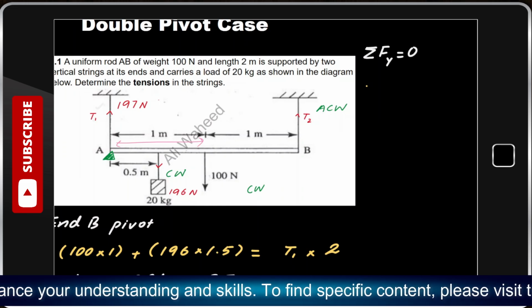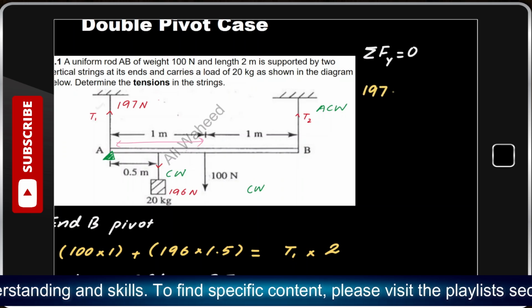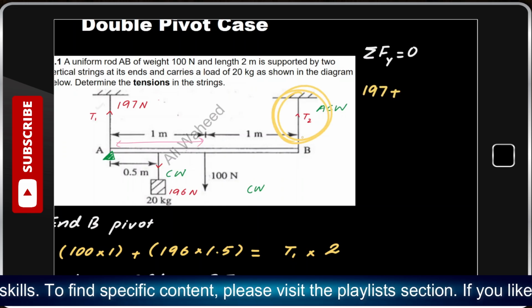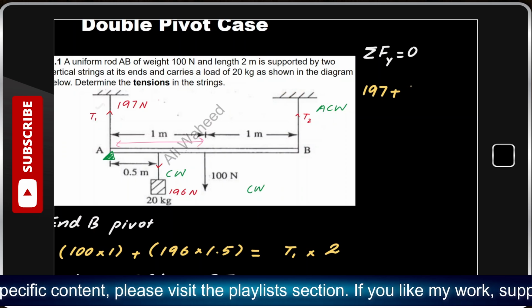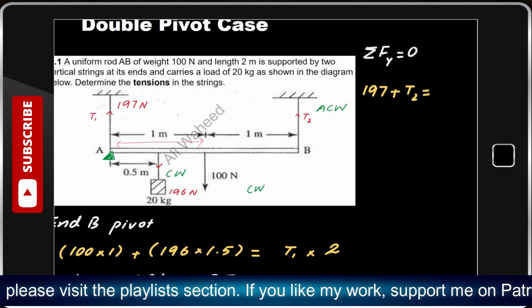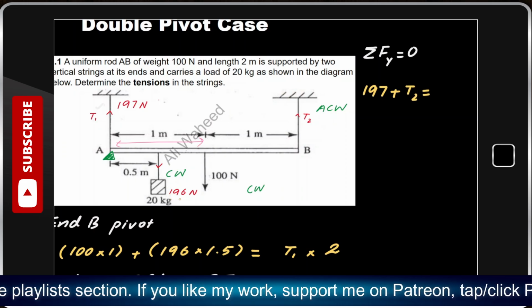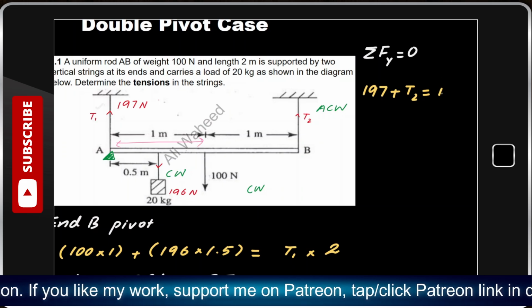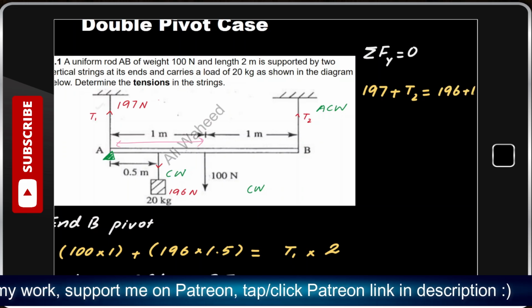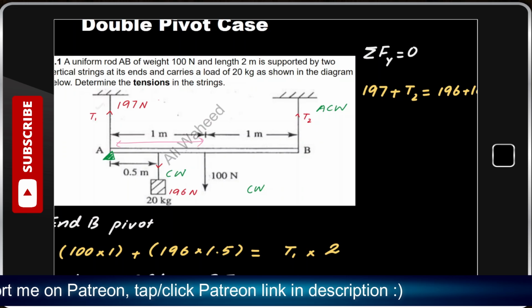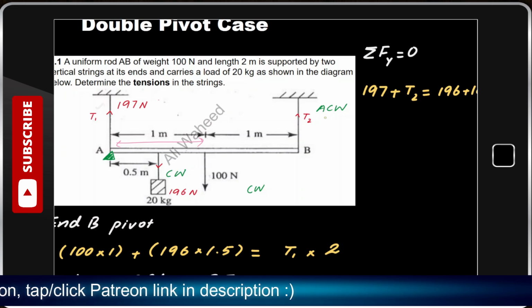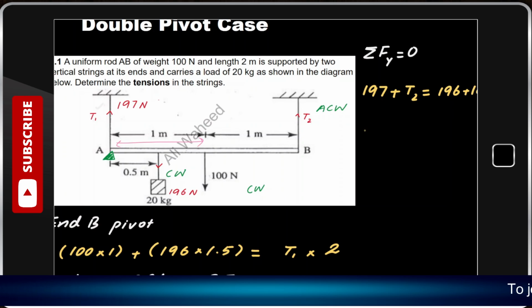So what is the upward force? It is 197 plus there is an unknown force over here, T2, equals the sum of the downward forces. It is 196 plus 100. So these are the sum of the downward forces, and that should equal the sum of the upward forces because the system is in equilibrium. How do we find T2 from here? Just subtract these two.